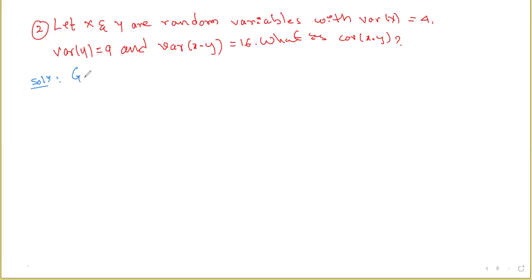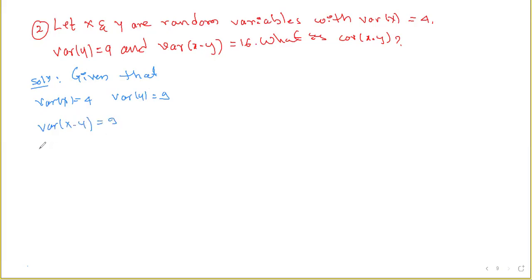Solution. Given that, first we need to write down what they gave. Variance of x equal to 4. Then variance of y equal to 9. Then variance of x minus y, this is important.